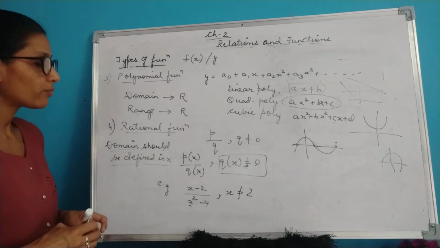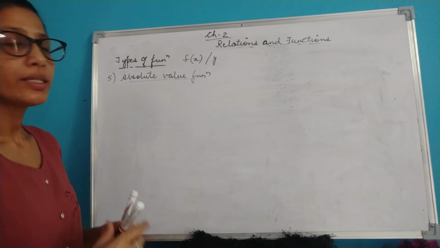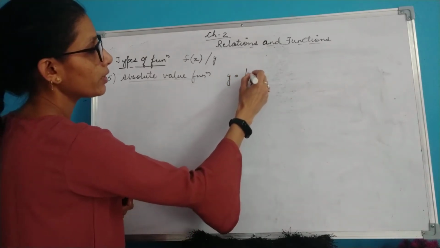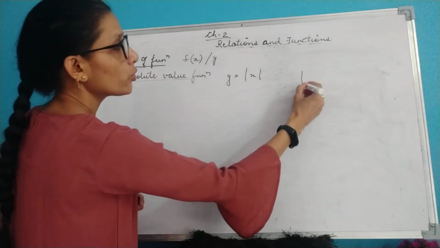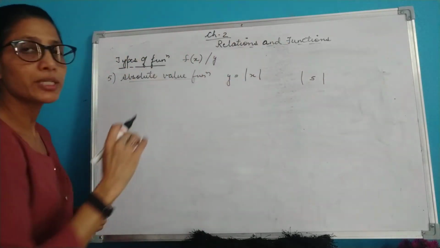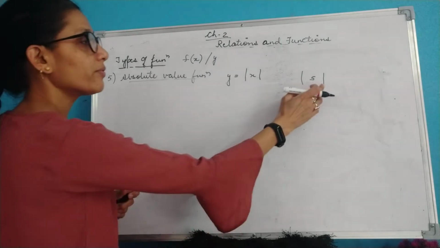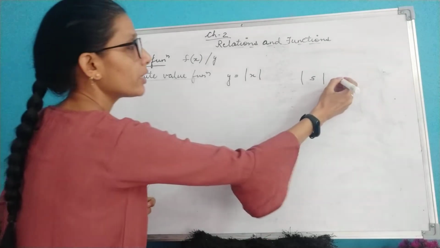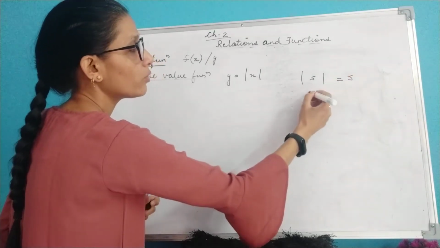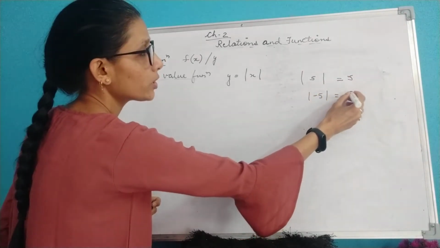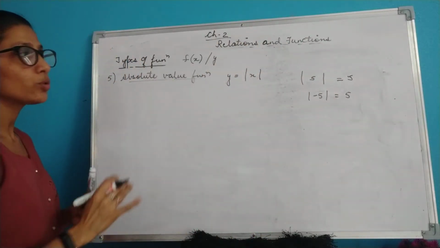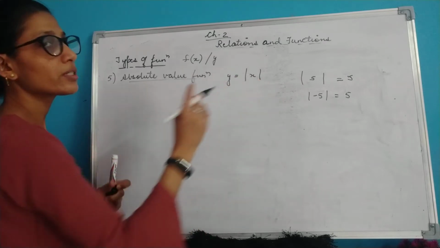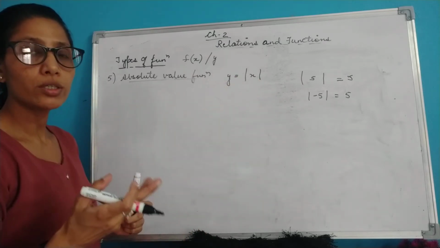Let's see the fifth function. Next is the absolute value function, which can be defined as y equal to mod x. Children, you are aware of these standing lines because you have read in lower classes that if any number is in between these two vertical lines, then you will always get a positive value. If it is -5, then you will get a positive value. But in class 11th, you will be learning it like this. If it is mod of x, then we have to define it for two cases.